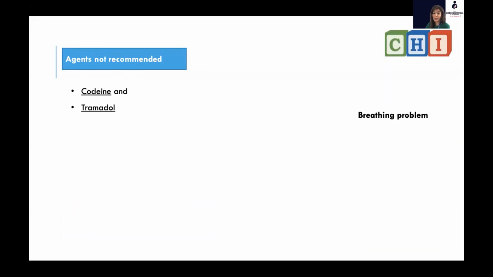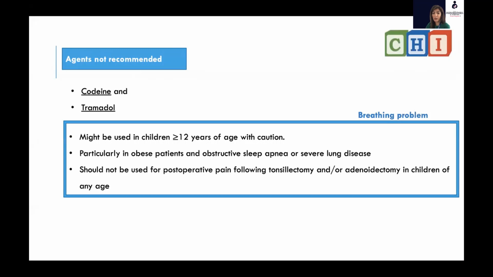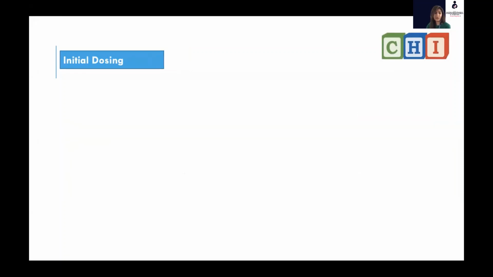But we do use them in patients who are more than 12 years of age, and we particularly avoid them in obese patients with obstructive sleep apnea and severe lung disease, and in patients who have just had a tonsillectomy or adenoidectomy, in children of any age, because of the breathing problems it causes.